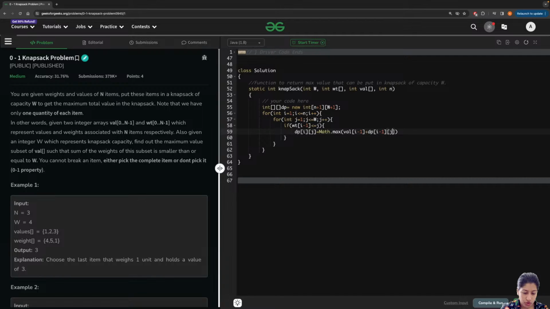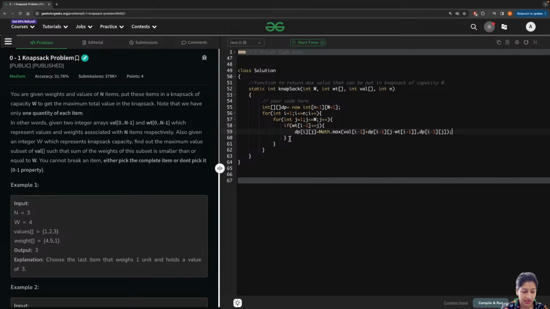So j minus weight of i minus 1 is your remaining weight, which will be the column from which you see the profit generated with the remaining capacity. And compare it with, if you don't select that particular weight, then the profit will be in DP of i minus 1, j. This you will insert here.